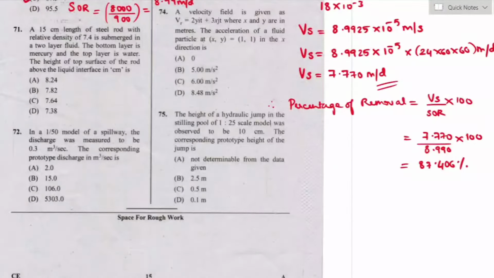Question number 71. A 15 cm length of steel rod with a relative density of 7.4 is submerged in a 2-layer fluid. The bottom layer is mercury and the top layer is water. The height of the top surface of the rod above the liquid interface in centimeter is.